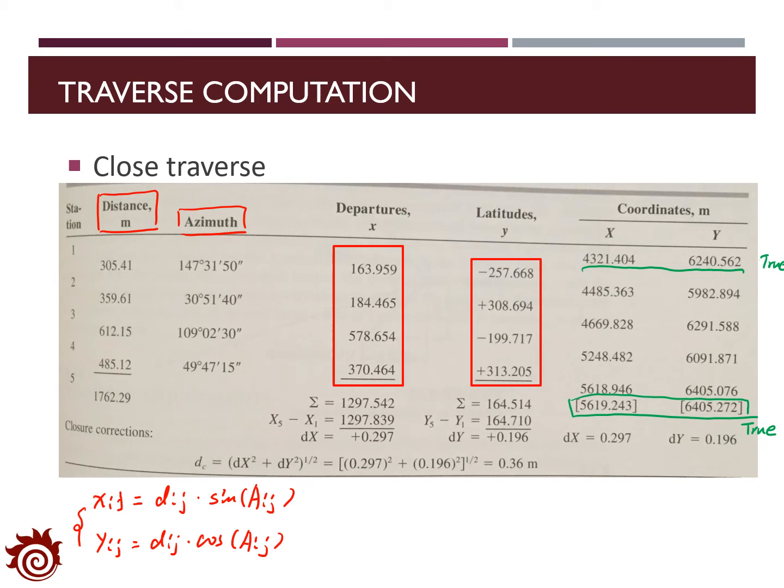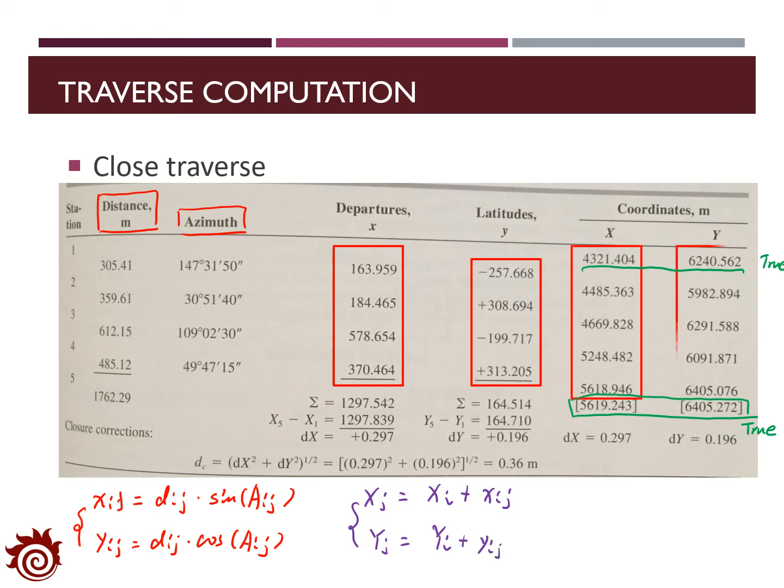And then based on the departure and the latitude, we can find out the coordinates with the initial coordinates of the point 1. For that, we need to call the formula x_j equal to x_i plus x_ij, and y_j equal to y_i plus y_ij.